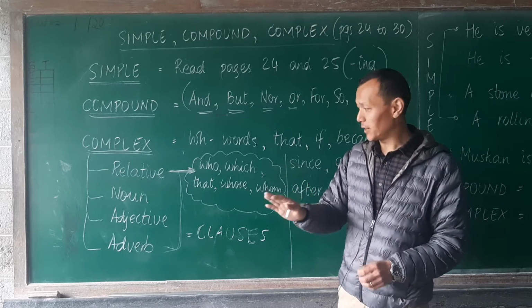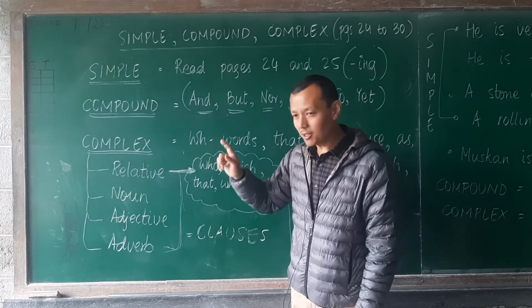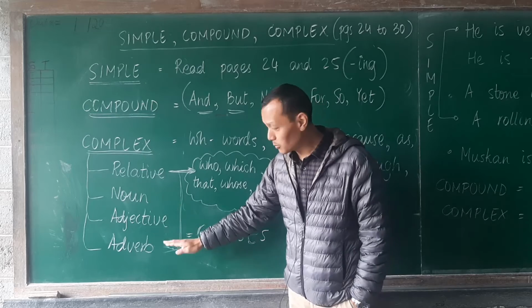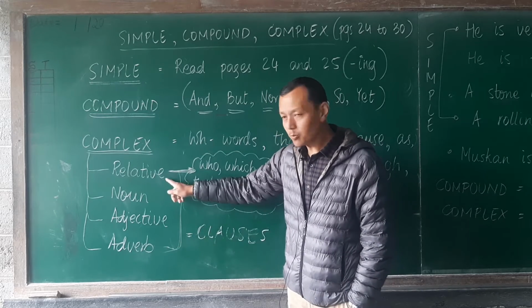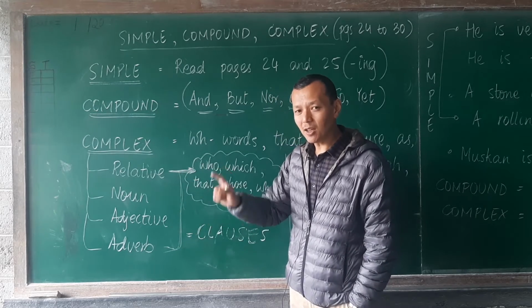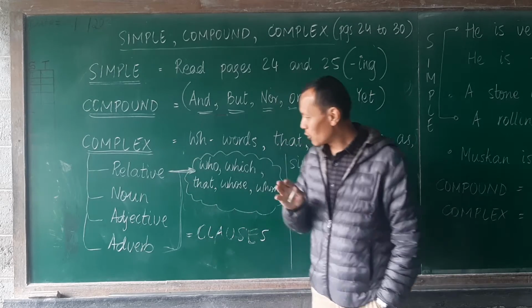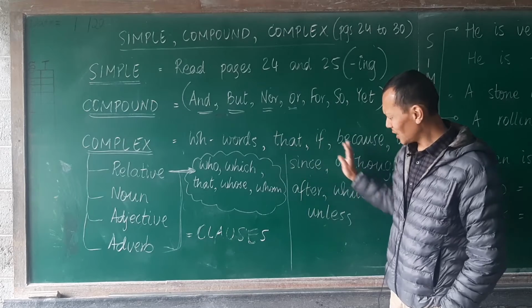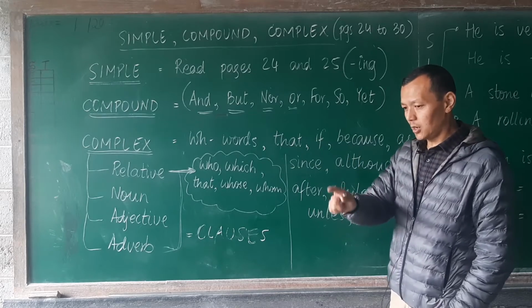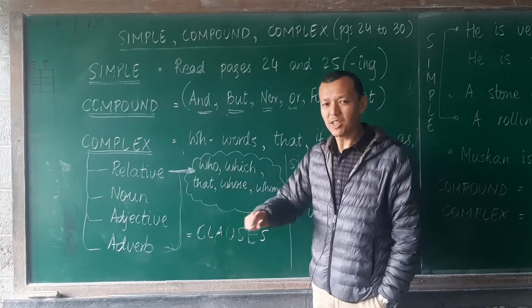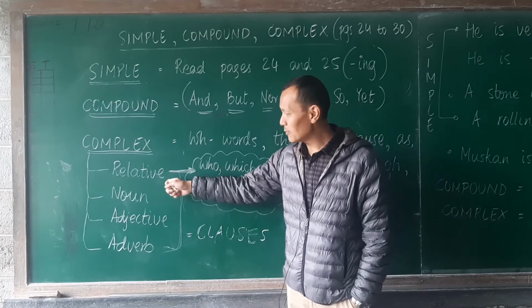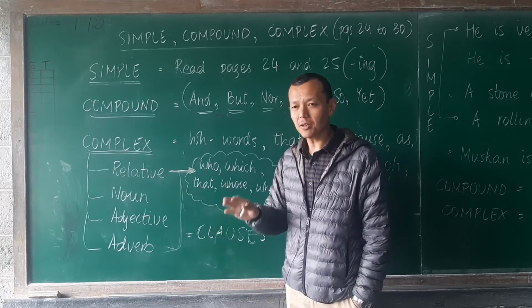Just remember that if these terms are there in the exam, it automatically means they are telling you to write a complex sentence as the answer. In a complex sentence this is the hint. Once in your recent Madhyamik exam they said join using a relative clause.